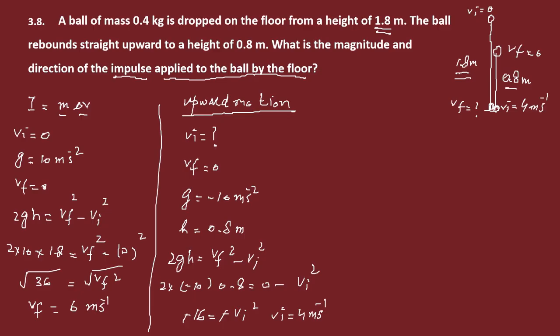To calculate impulse, we will have to calculate the change in speed, delta V. If I say the speed with which it strikes the ground is V1, which was 6, and I take this speed as V2, then the change in speed will be equal to V1 minus V2.